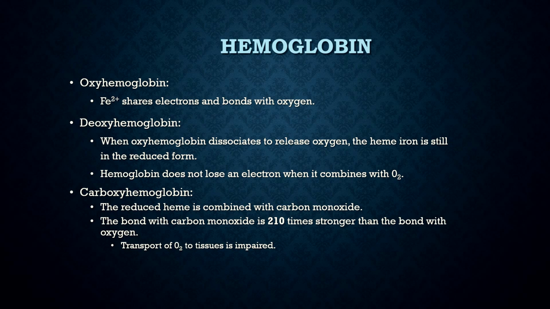Another form is carboxyhemoglobin, and this is a reduced heme that combines with carbon monoxide. And this can be very dangerous because carbon monoxide is 210 times stronger, and it binds at the oxygen binding site on hemoglobin rather than oxygen binding to that site.